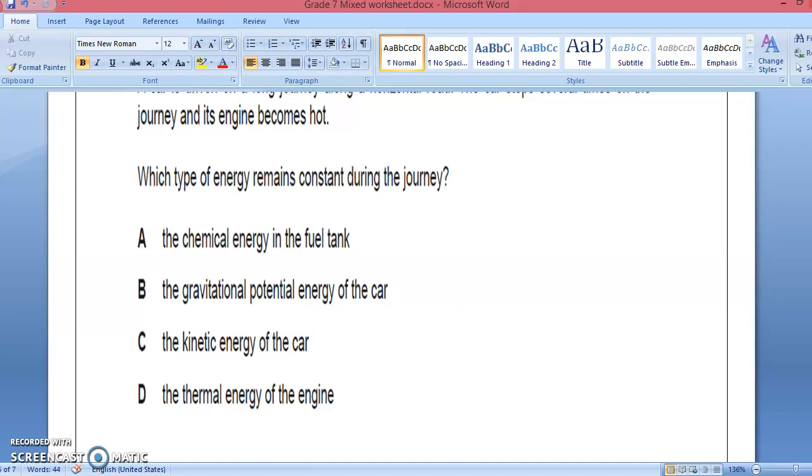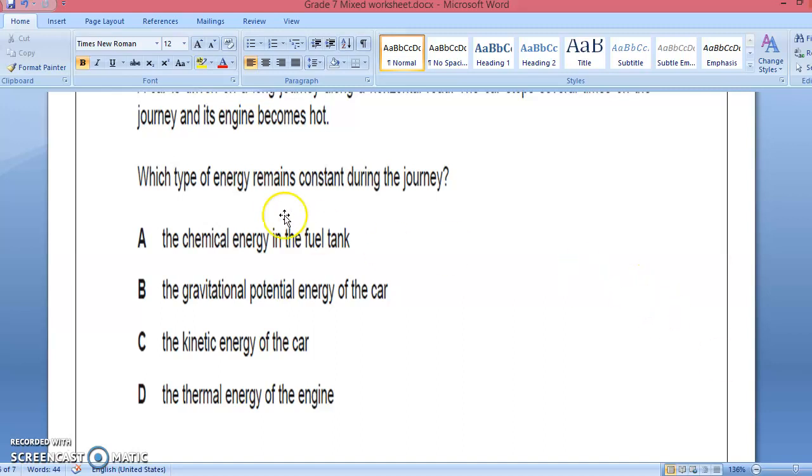Now, the kinetic energy of the car? No, the kinetic energy means the movement. So sometimes it can move, the speed may be more, sometimes the speed may be less. Or the thermal energy of the engine. Do you think the thermal energy of the engine would be the same throughout the journey? No. As we start the engine, thermal energy is less. But after running for a long period of time, the engine will obviously have more thermal energy. What are they asking you?